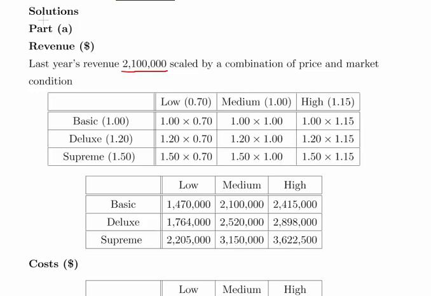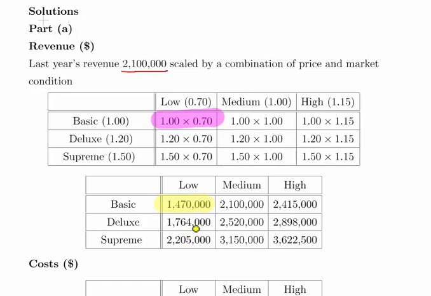Okay, so essentially what we're going to do here is multiply 2.1 million by the same product type, but only 70% of the market. Okay, so essentially we go from 2.1 million down to 1.47 million. Okay, we're selling the same product, but we're only getting 70% of the revenue.